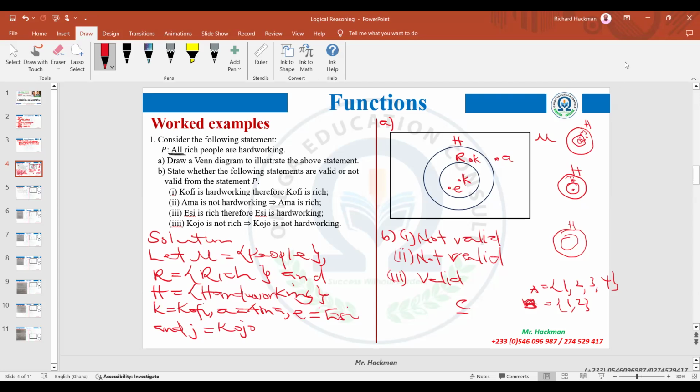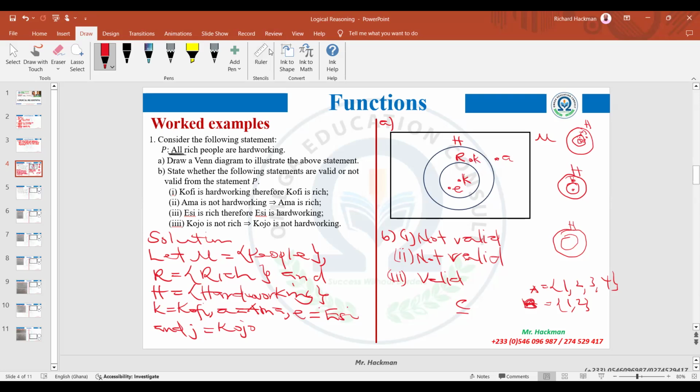So if you are a K and you are here, are you not in H? Please, you are. If you are here, are you not in H? Yes, please. So these will be the two possible regions. If I leave this one out, obviously I've left a possible region out. If I leave this one also out, a possible region is left out.